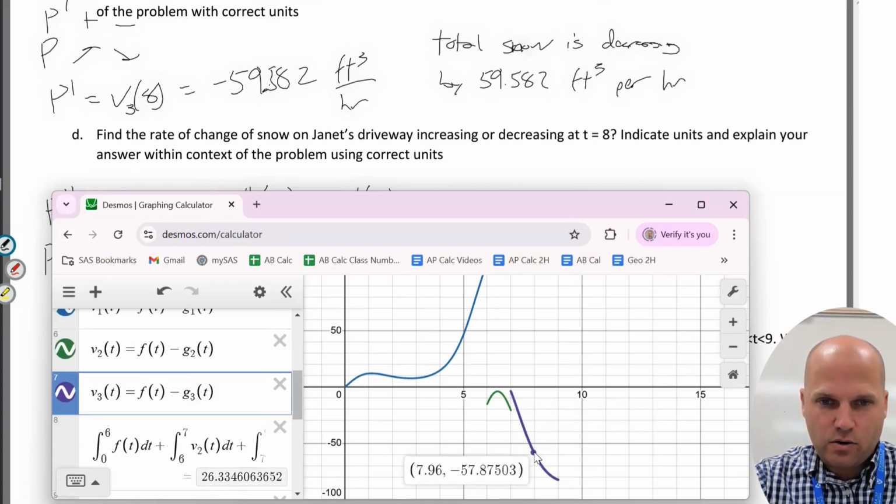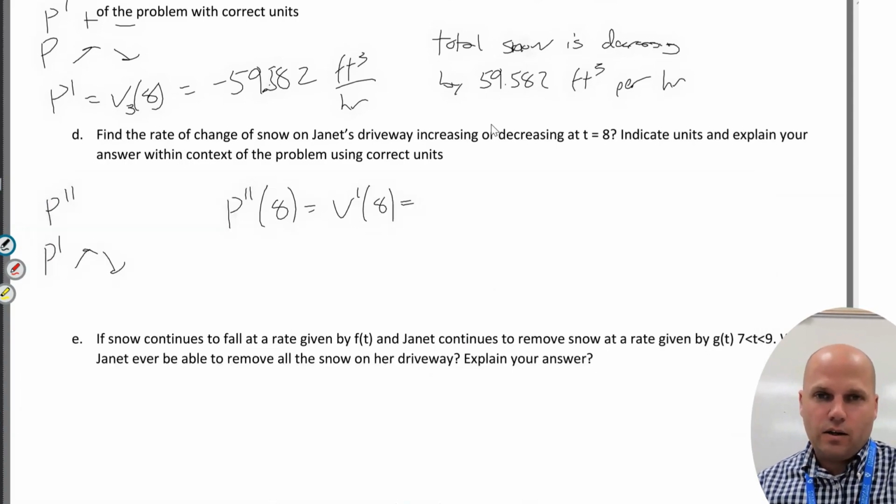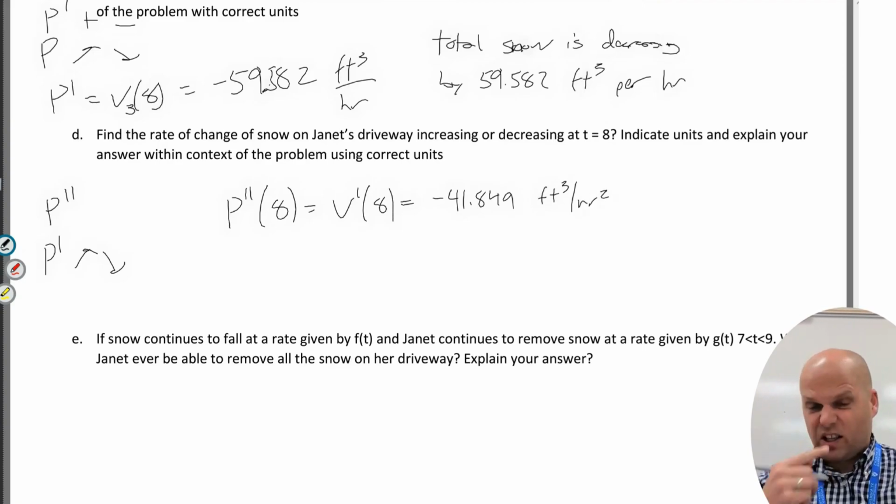So we can see the value of V of 8, and then we found the derivative of V of 8. And that's negative 41.849, which is in cubic feet per hour, or it's an acceleration.